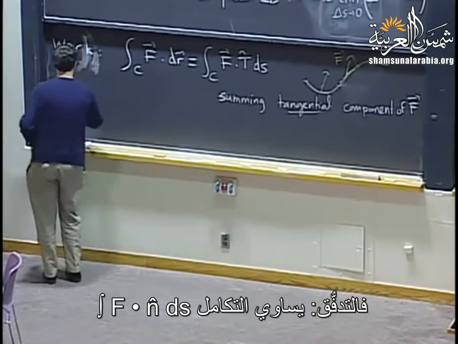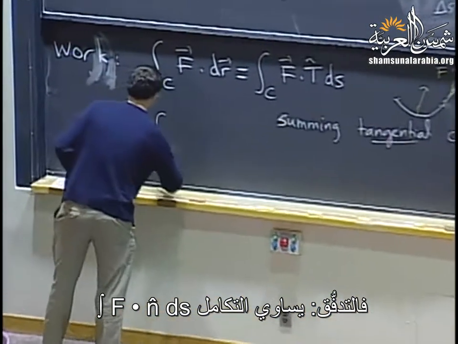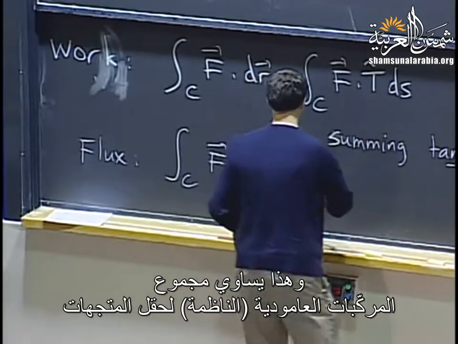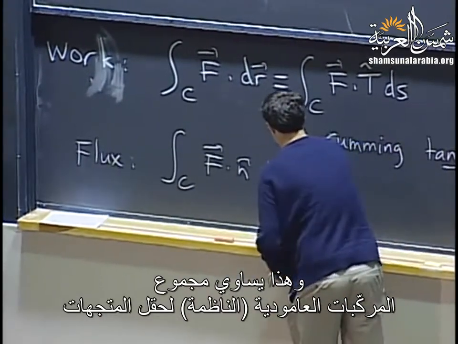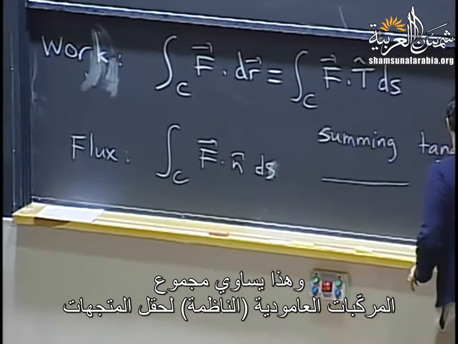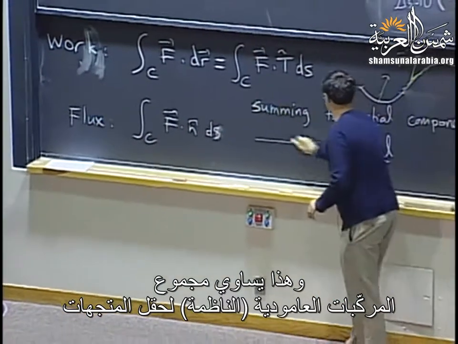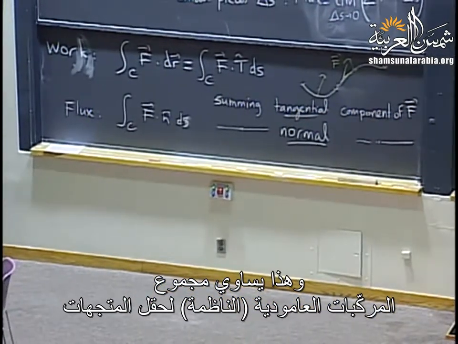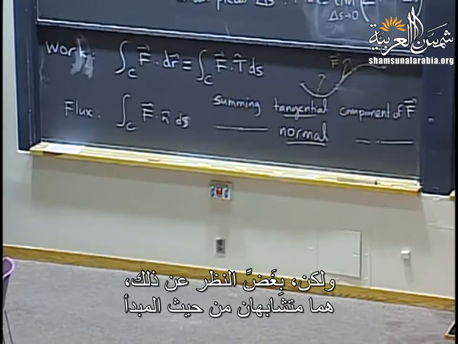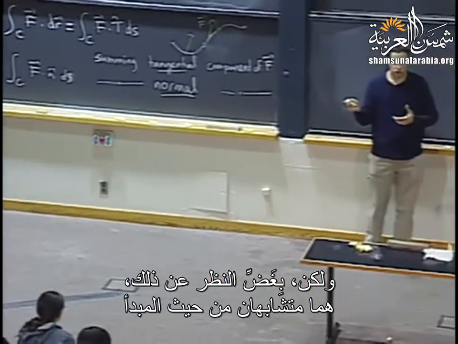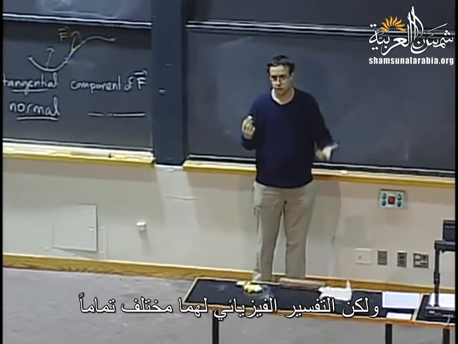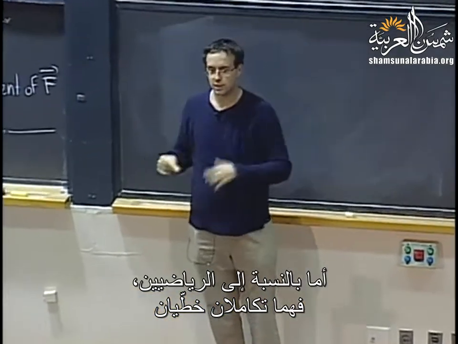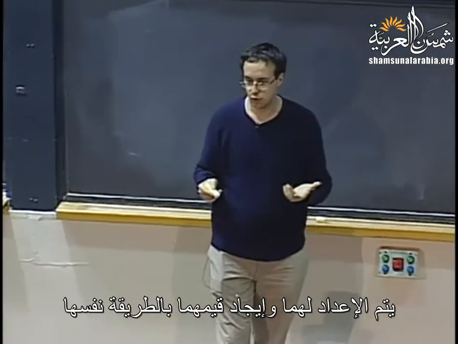So flux is the integral of F dot n ds, and that one corresponds to summing the normal component of a vector field. But apart from that, conceptually, it's the same kind of thing. Just the physical interpretations will be very different. But for a mathematician, these are two line integrals that you set up and compute pretty much in the same way.